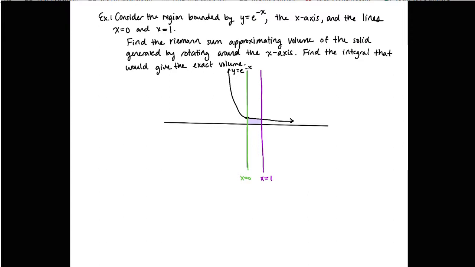So I'm going to draw in my rectangle. Looks like this is an example that touches our axis of rotation. So it looks like we're not going to have a washer here. We're going to have a disc. Now when I rotate that around, my little rectangle becomes a disc.